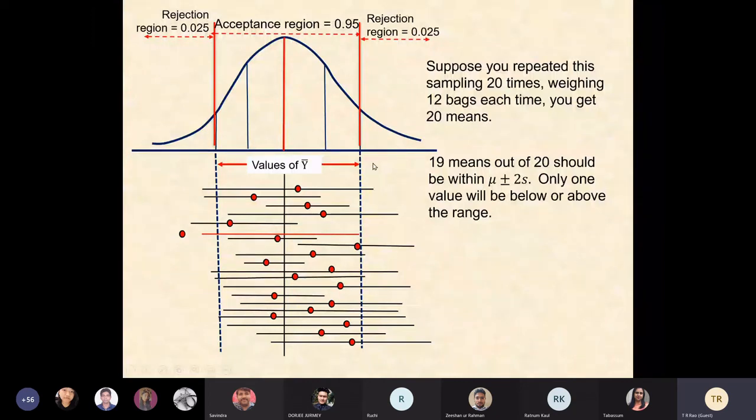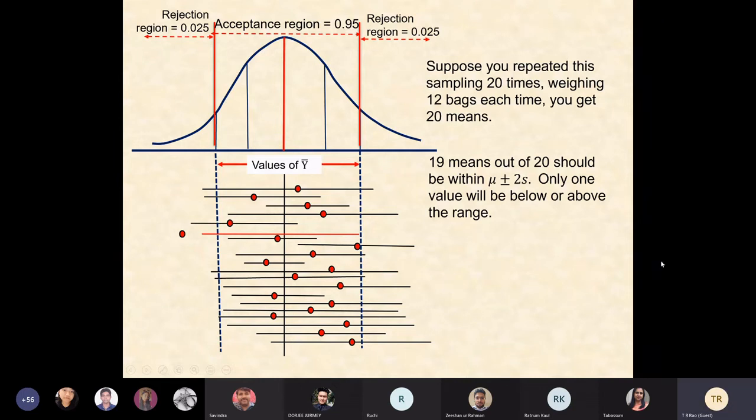So we chose 0.95. Now you can see that 19 out of 20 fall within 2 standard deviations of the mean. Only one is not falling. So this is the oddball. This is because we set the alpha error as 0.05, right? That means 1 in 20 could be outside the acceptance region.